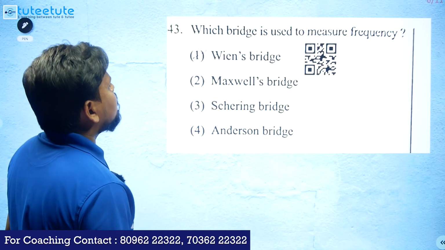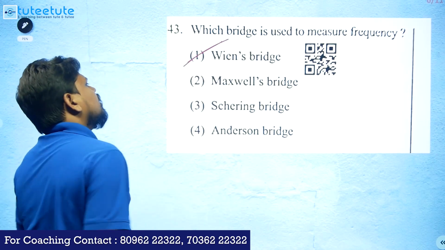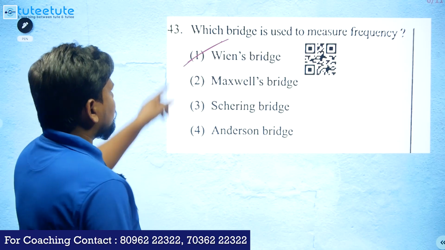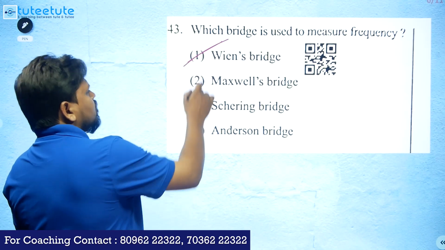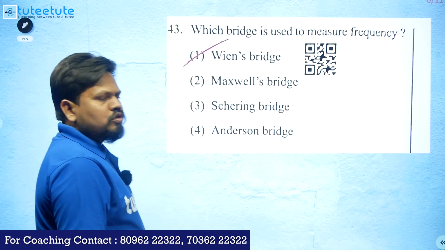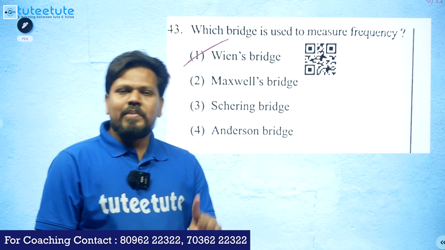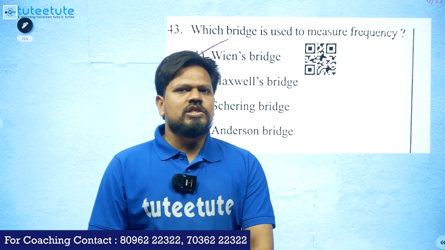Next, which bridge is used to measure frequency? Wien's bridge directly. Is it possible to measure using Maxwell's bridge? Possible, but the perfect bridge for frequency measurement is Wien's bridge. Using all these bridges we can measure the frequency because one capacitor and one inductor are present, so bridge resonance is possible.